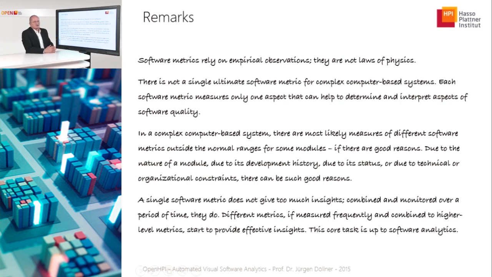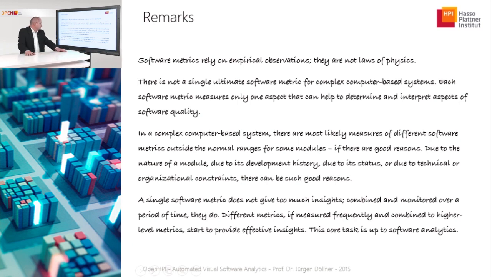For example, if you have a module that shows strange software quality measures, but it's operating and it's almost bug-free, at least for the last 5 or 10 years, then you can ignore these measures. But make sure that you have good reasons when software metric values are outside a typical range.